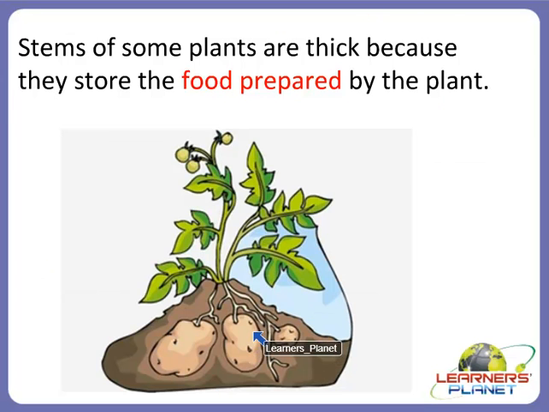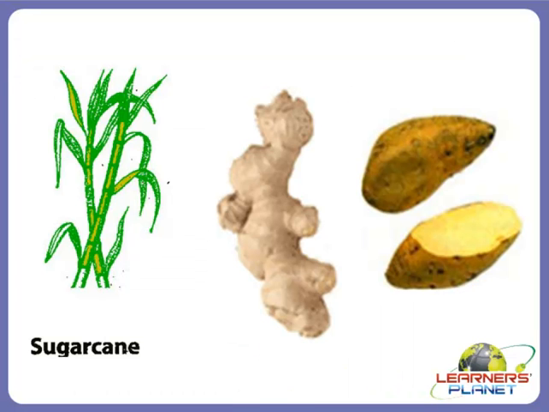So children, always remember that some plants have very thick stems because they store the food. For example, there are some more plants that have thick stems. For example, sugarcane. We eat the stem of sugarcane and it is very sweet in taste.